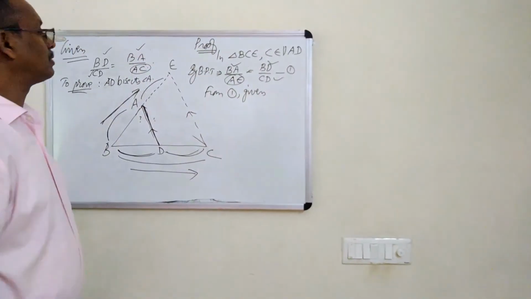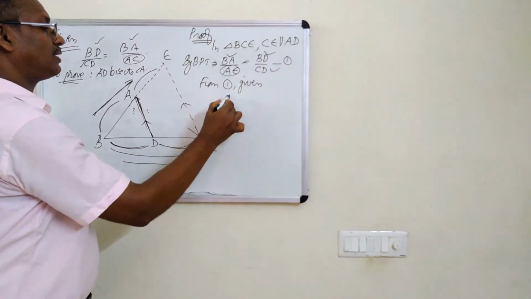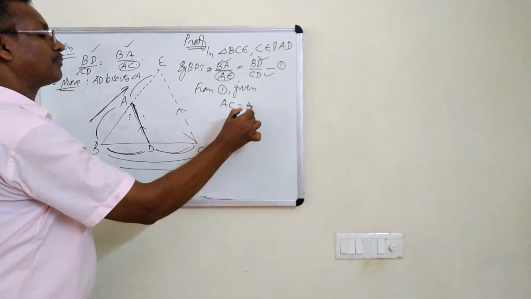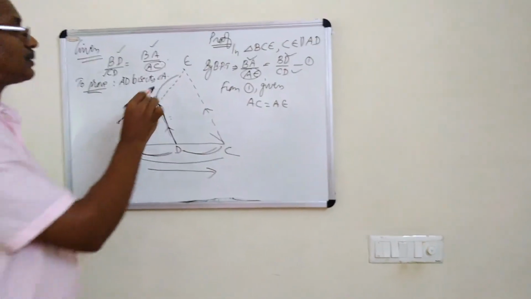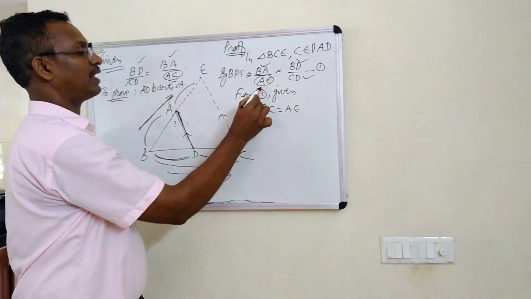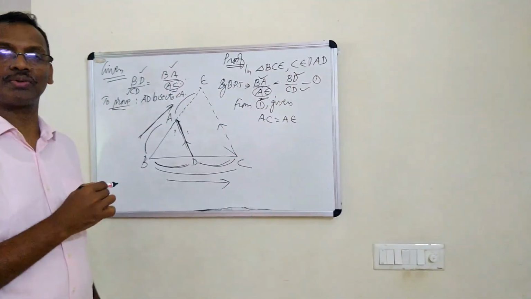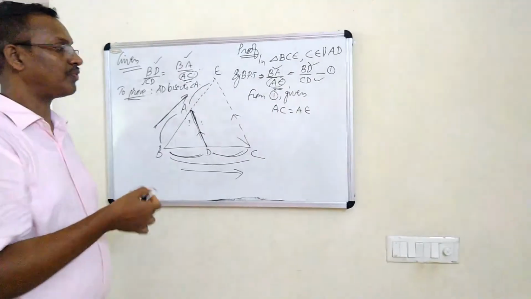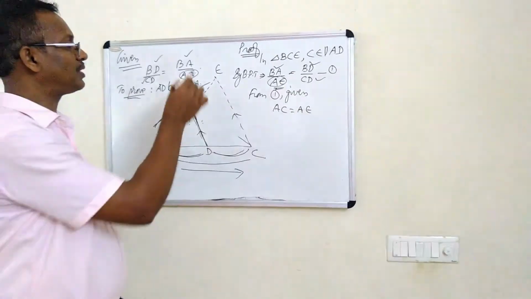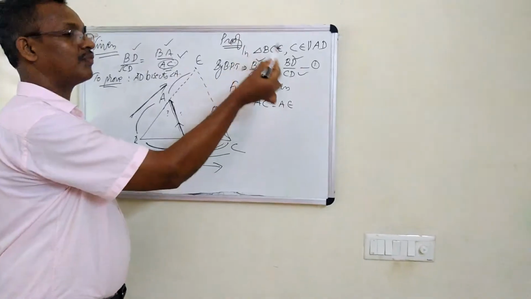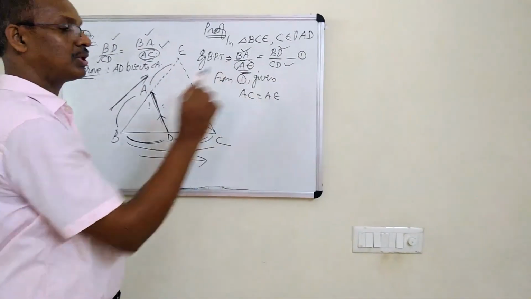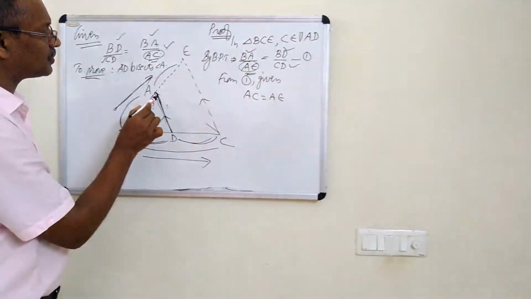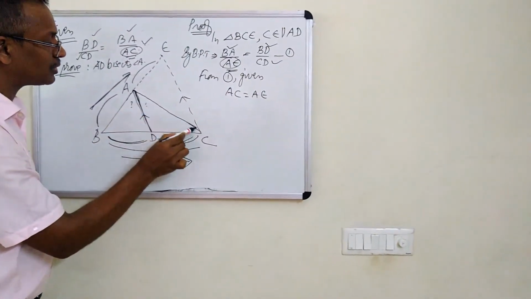We can write AC is equal to AE, because in the BPT portion and given, only this portion is different, AC and AE. Previously we were not able to write they were equal because we have to prove that. Here one is given already, the other we proved using BPT. So this is what we got, and it's just the reverse of what we discussed in the previous question.